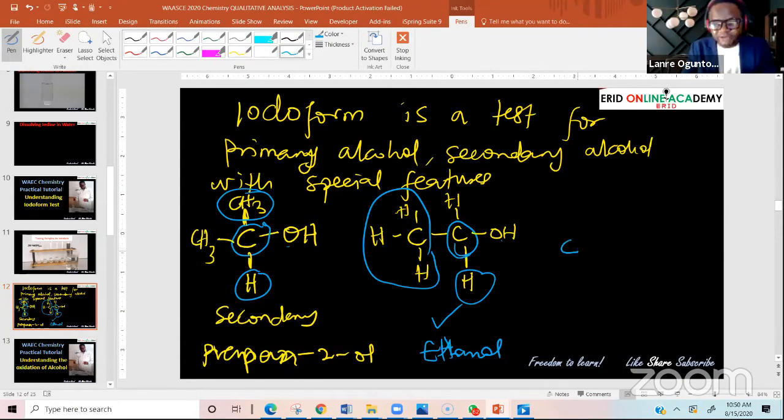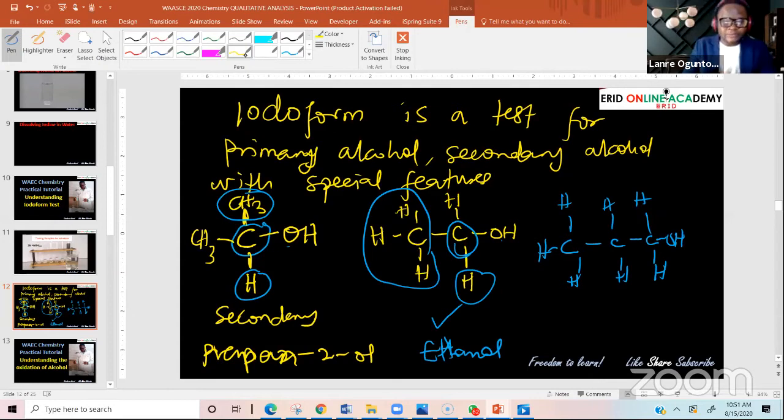Okay, so let's look at another alcohol and see whether it will give us a positive test. If I have this particular alcohol, this is propan-1-ol. Let's test whether this particular alcohol will give us a positive test with iodine. What is the name of this alcohol?